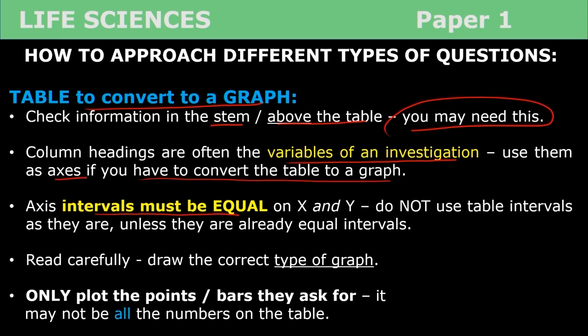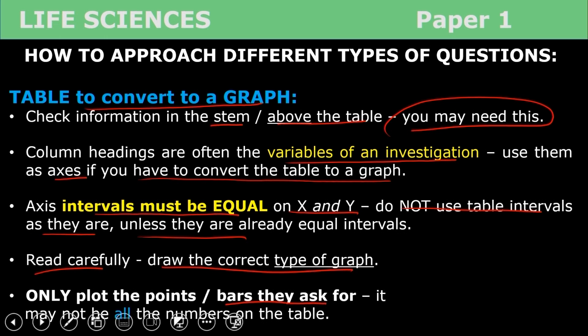Axis intervals must be equal on x and y. Do not use table intervals as they are unless they are already in equal intervals. Read carefully and draw the correct type of graph. So only plot the points or the bars. It may not be all the numbers on the table.